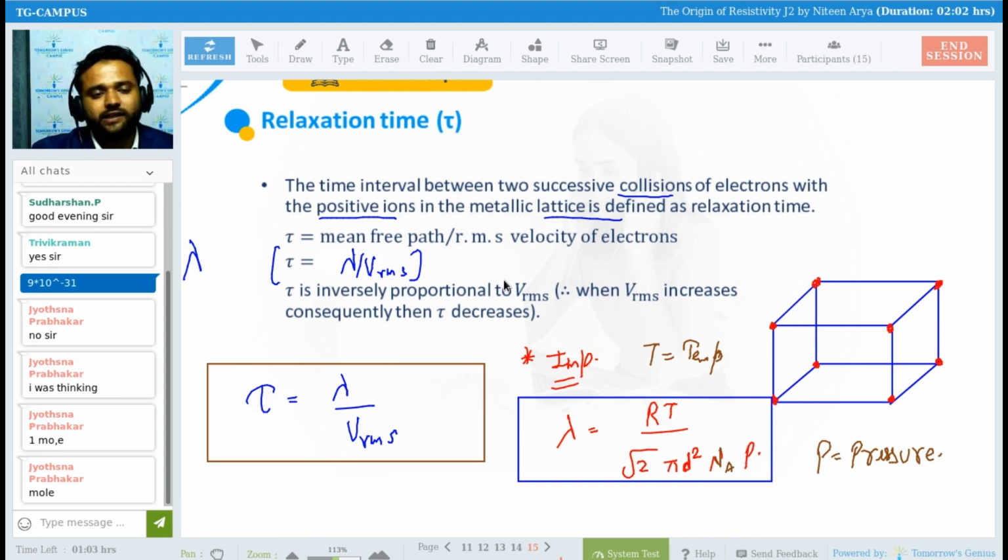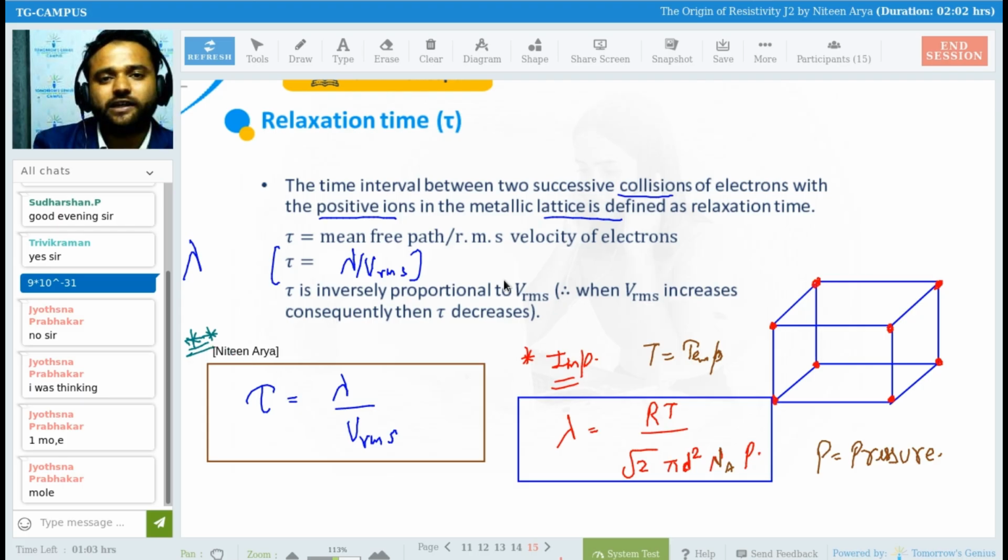That is how we can get many interrelated relations, and from any combined thing they may ask you a question in JEE. Initially you are going to be confused about which formula to use. So there is one important relation in this way.